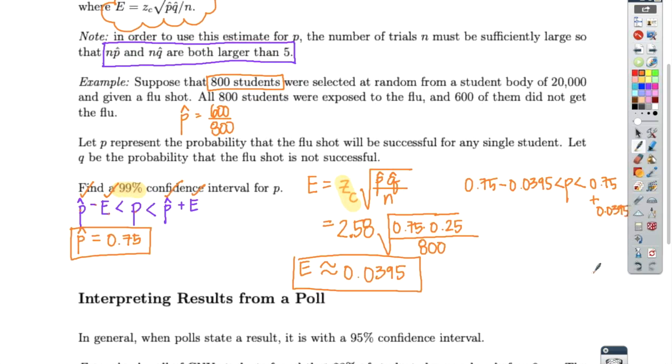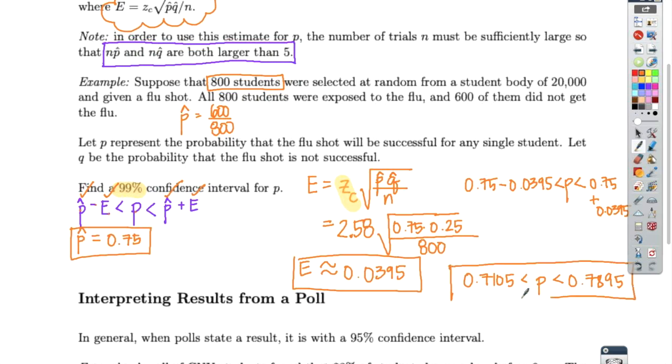When I subtract on this side and then add, my final answer is P is between 0.7105 and 0.7895.